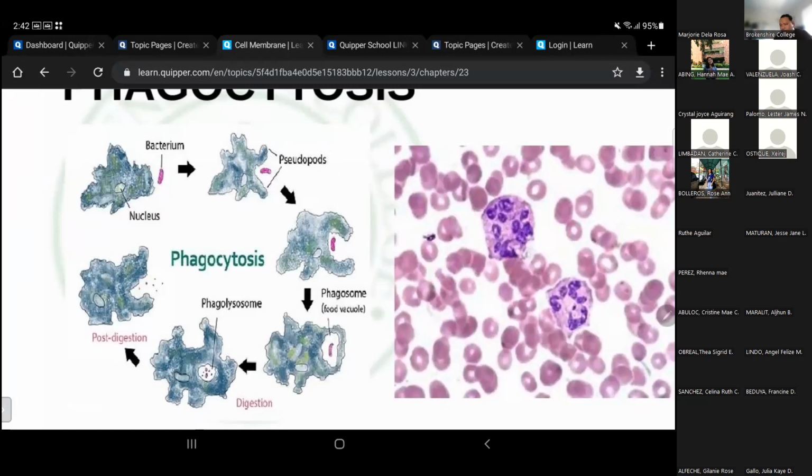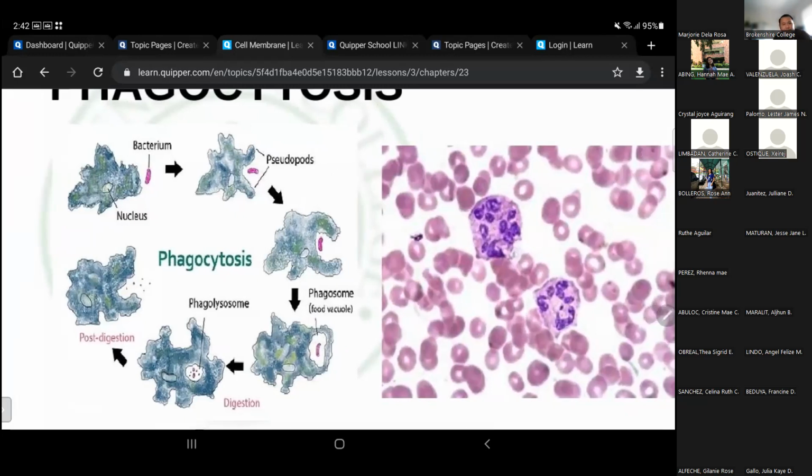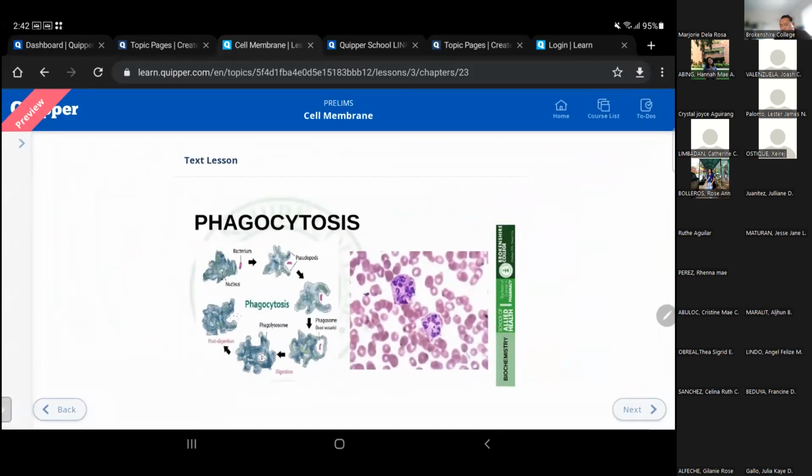Allows it to engulf the food, taking it inside, forming vacuoles, or spaces inside the cell, and that is known as your phagosome. And then of course, digestive enzymes and also detoxification enzymes allow it to be properly digested inside the cell. Okay, so that is for larger molecules.